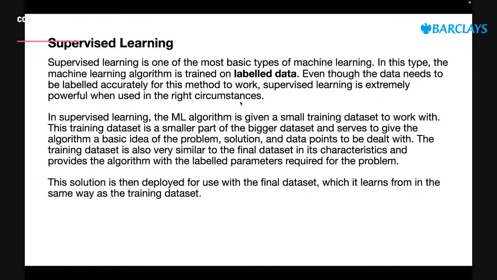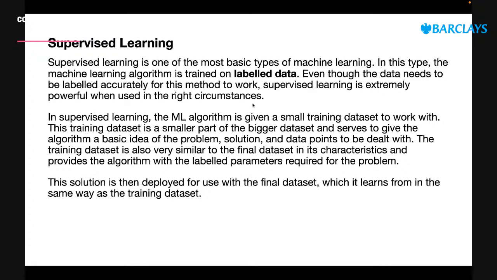As I said about supervised learning, let's get into more detail. Supervised learning is the most basic of machine learning, where we use labeled data. The data needs to be labeled accurately for this method to work. It is extremely powerful under the right circumstances, if we provide it correctly labeled data.